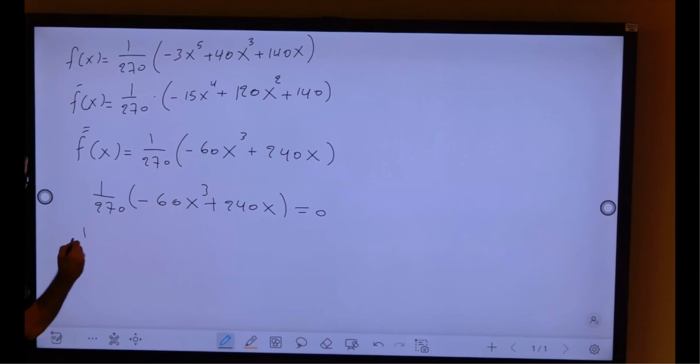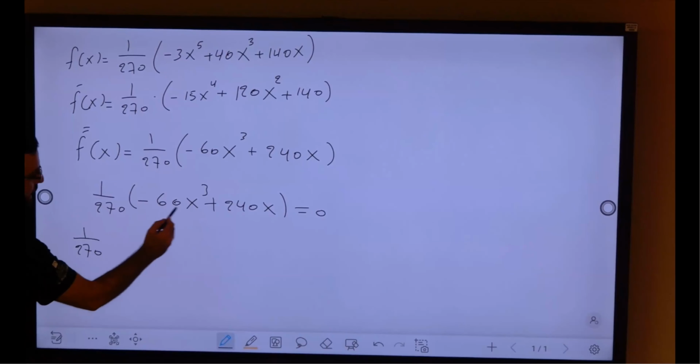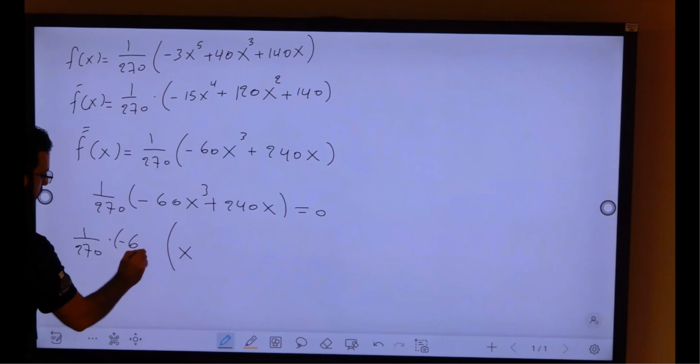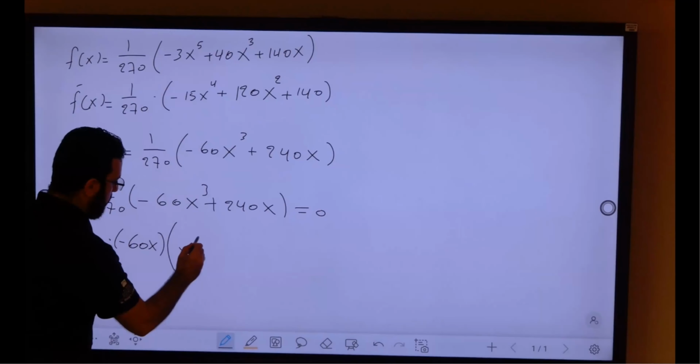Factor out negative 60 as a common factor. What's left here? Well, you can take negative 60x, yes. So it's going to be x squared plus what? 240.